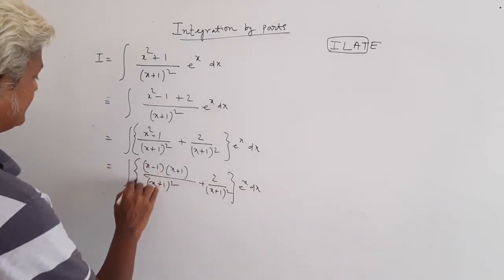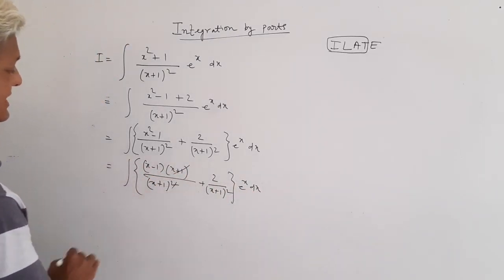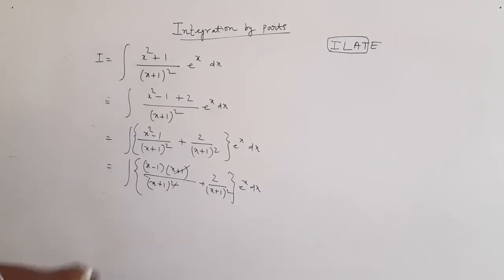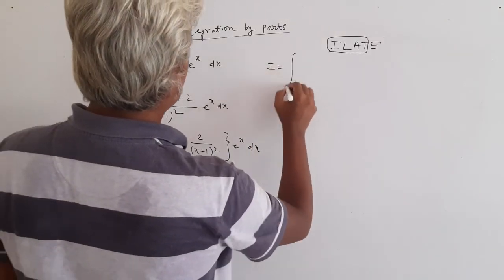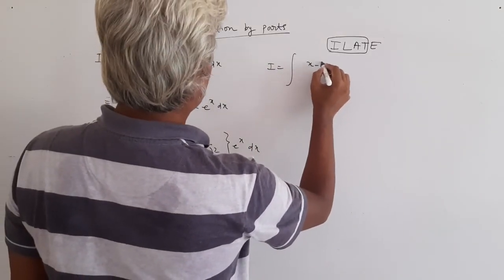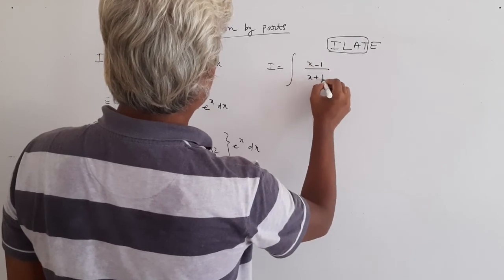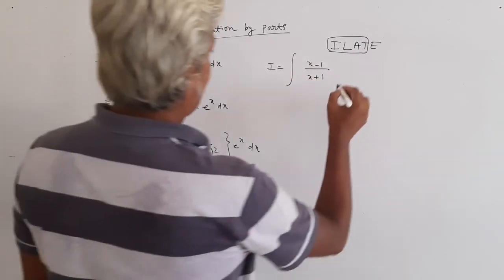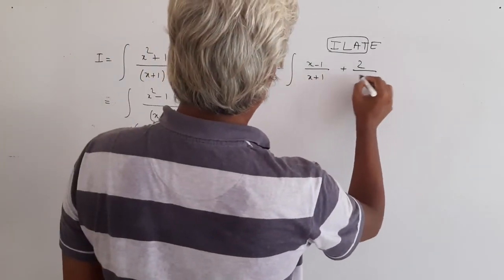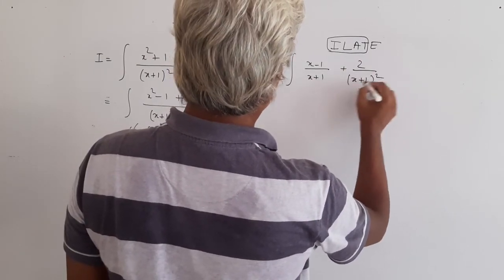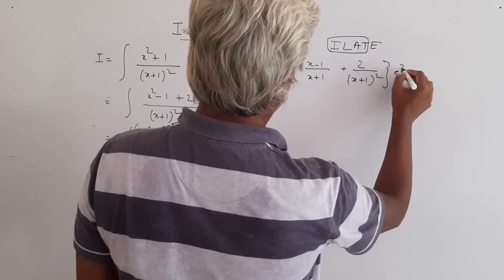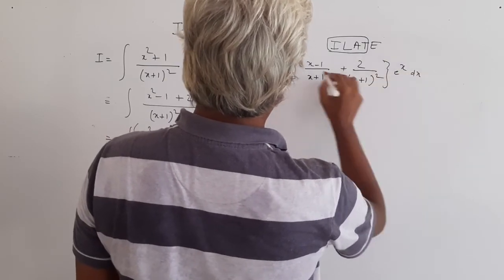So now this and this cancel each other. So you get x minus 1 over x plus 1. So our integral I is now x minus 1 over x plus 1 plus 2 over x plus 1 whole square e to the power x dx.